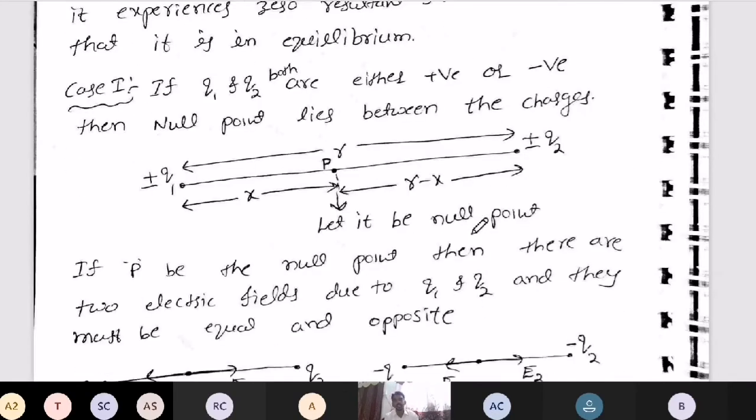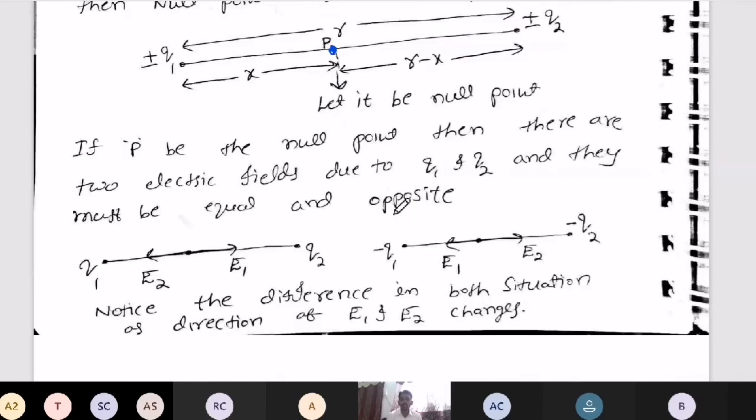But here we need to take care. Here I have written everything clearly. If Q1, Q2 both are either positive or negative, the null point lies between the charges. So consider a point at a distance x from Q1, then the distance from Q2 will become r minus x.